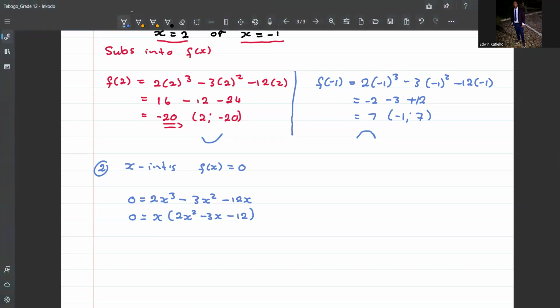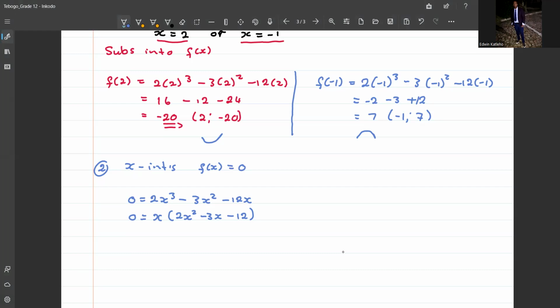We are going to use the quadratic equation. We are looking for x squared, where a equals 2, b equals negative 3, and c equals negative 12.